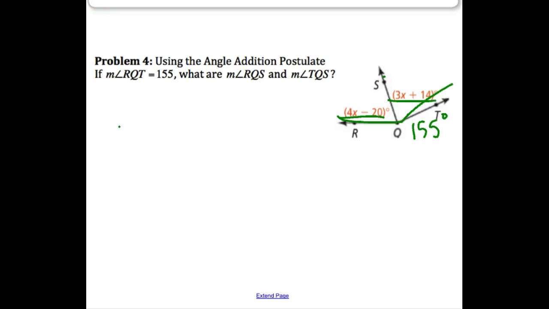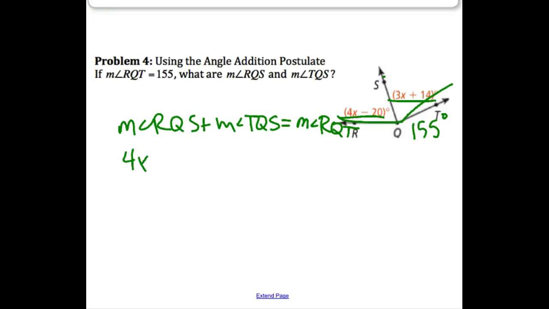The measure of angle RQS plus the measure of angle TQS should give us the measure of the whole thing, RQT. Now we just put in their values. RQS is 4x minus 20. We substitute it. We know that TQS is 3x plus 14, and that RQT is 155 degrees.